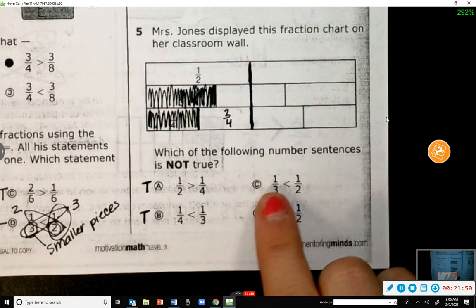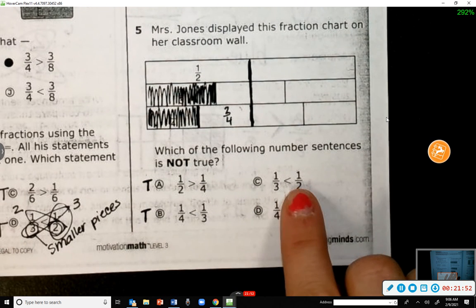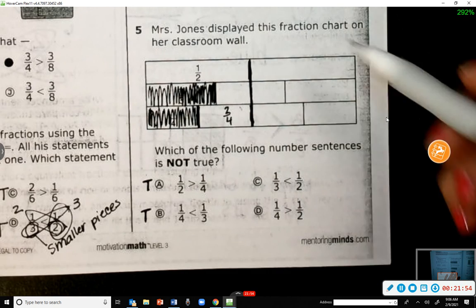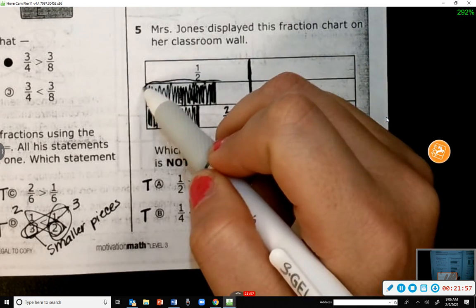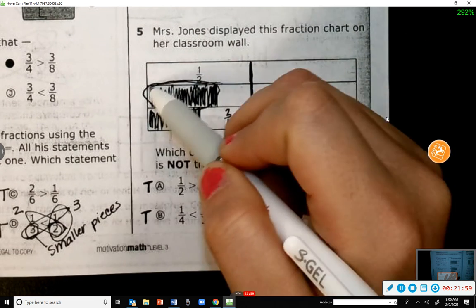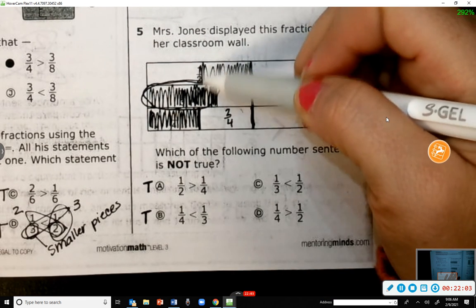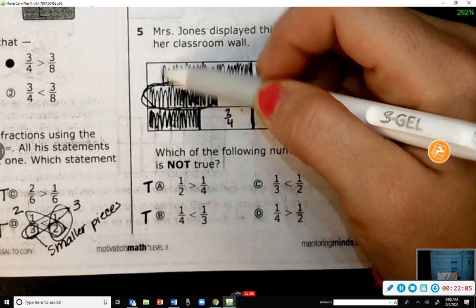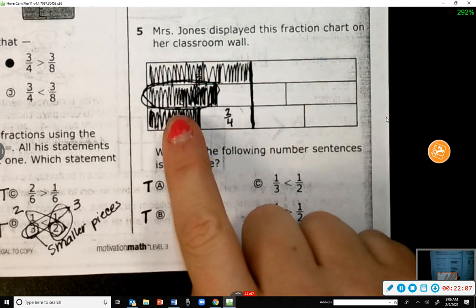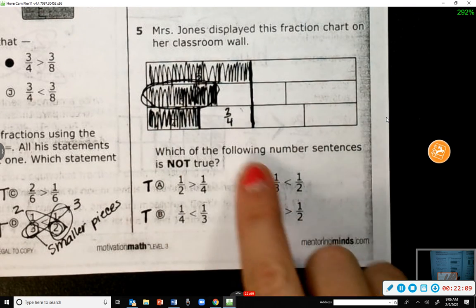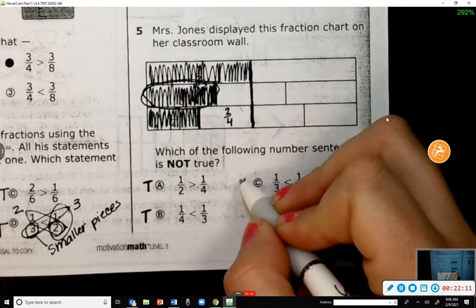Okay. 1/3 is less than 1/2. Well, here's 1/3. We just shaded it. Here's 1/2. So is that true? 1/3 is less? Yes, that piece is smaller. So 1/3 is less than 1/2.